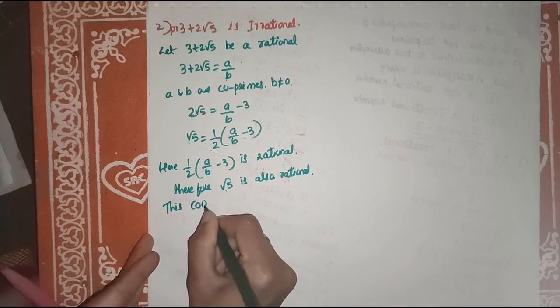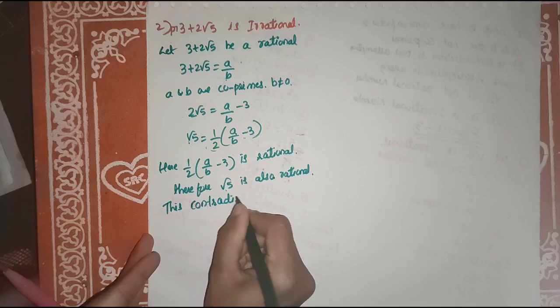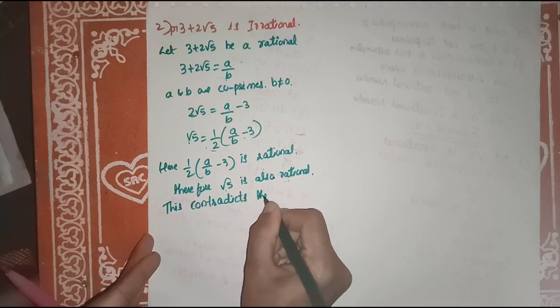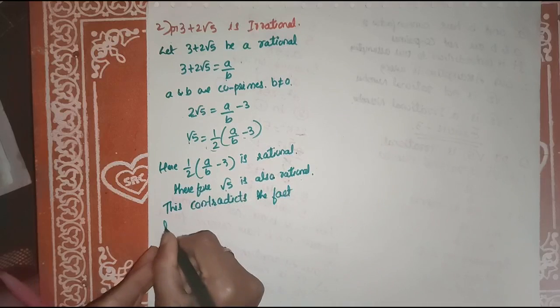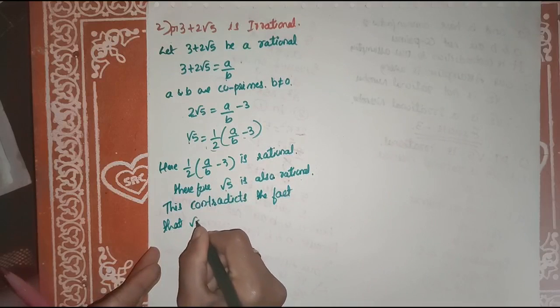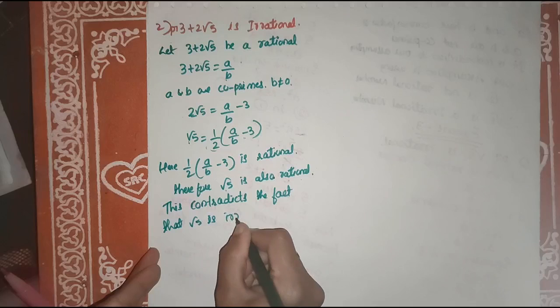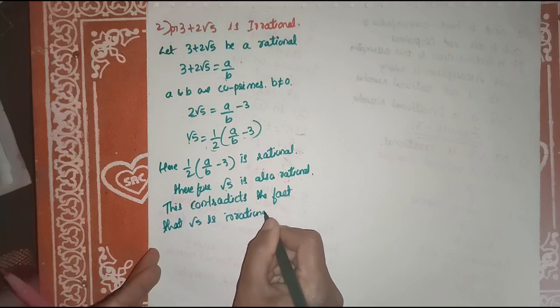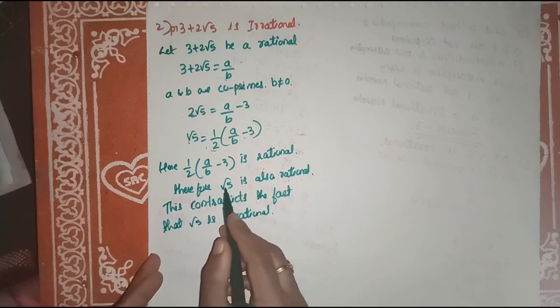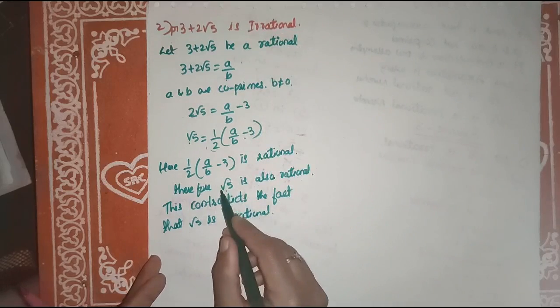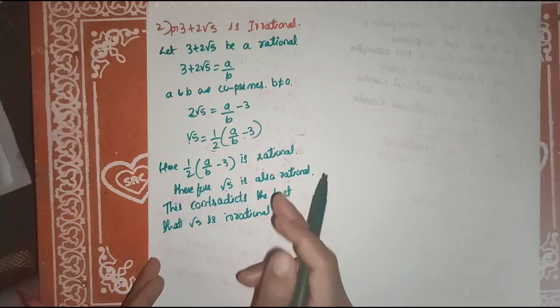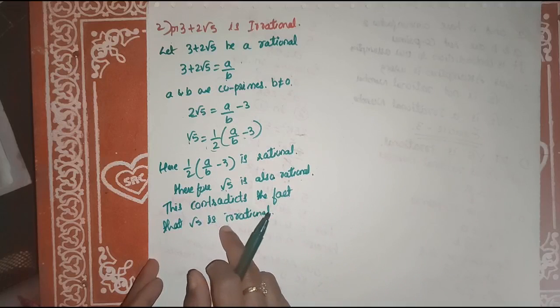This contradicts the fact that root 5 is irrational. So here it proved that root 5 is rational, but this contradicts what we proved in the last section, that root 5 is irrational.